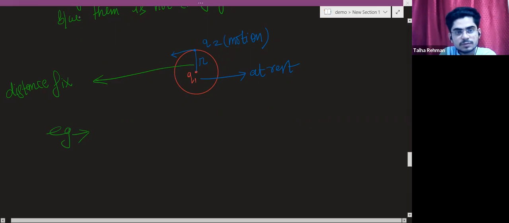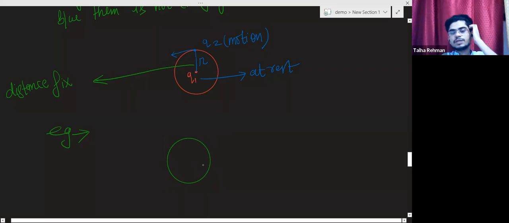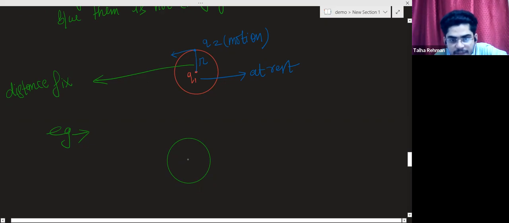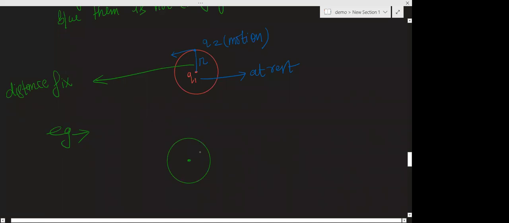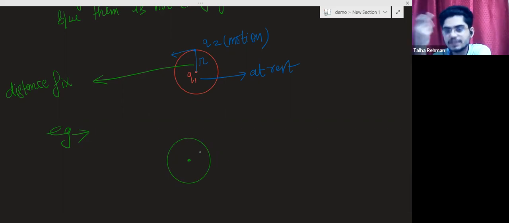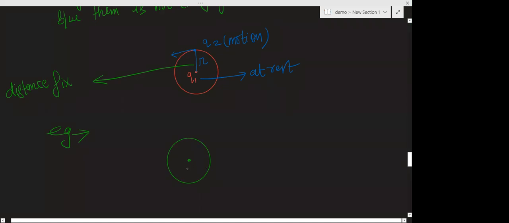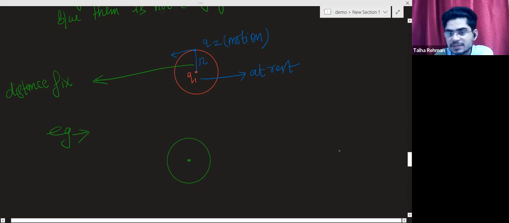Suppose I am taking an atom as a sphere. This is an atom, and in the center of the atom, what is there? Do you know? Point charge. No, now I am talking about atom and electron. You are right, like a nucleus. And the nucleus has a charge, na?